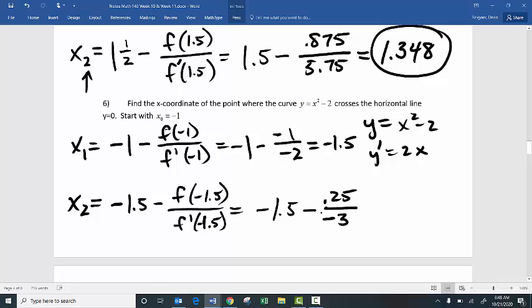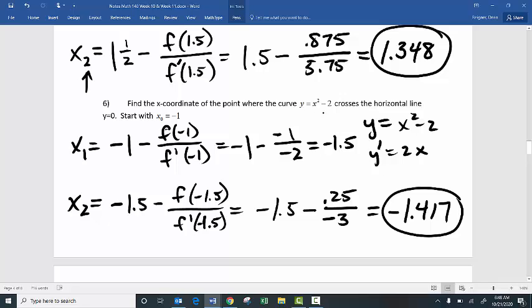So 0.25 divided by 3, that'll be positive. So you add that to -1.5. All right. So now the number becomes a little closer, -1.41, and then we'll call it 7. So when you put this number into there, you're going to get something very, very close to 0.